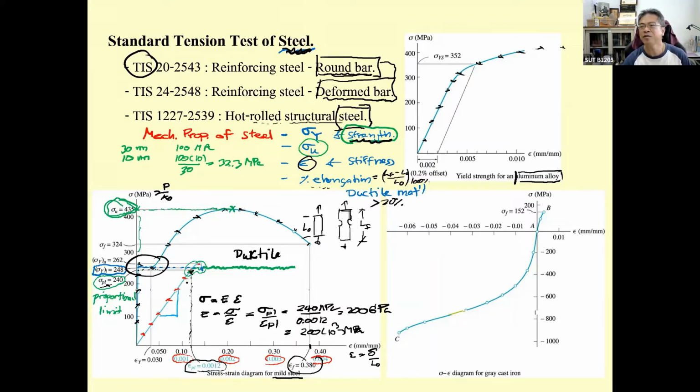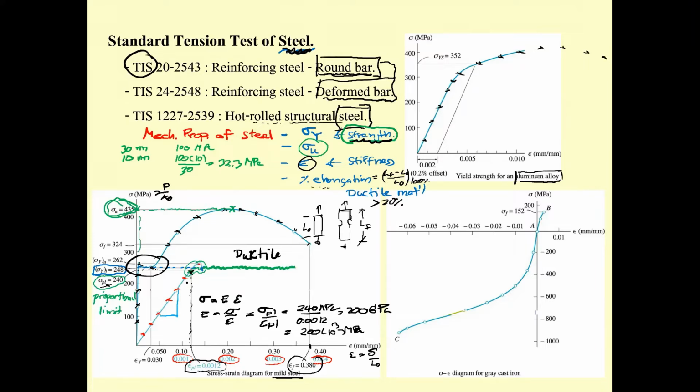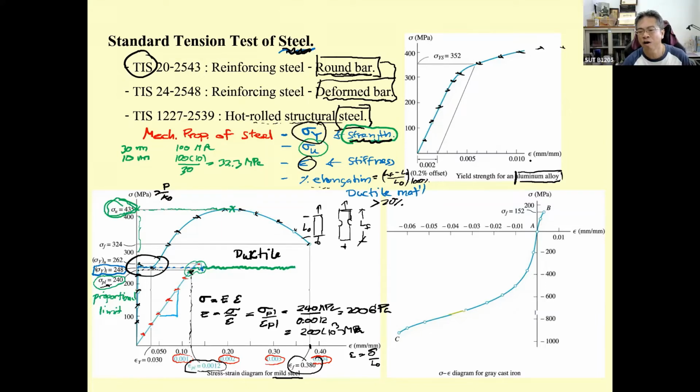Basically, since we use a lot of steel, the yielding stress is also used for the aluminum alloy. And since the aluminum alloy doesn't have a clear yielding region, we set up the so-called 0.2% offset to determine the yielding stress of the aluminum alloy.